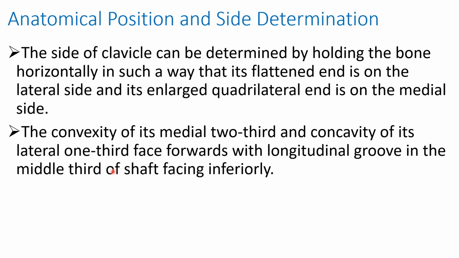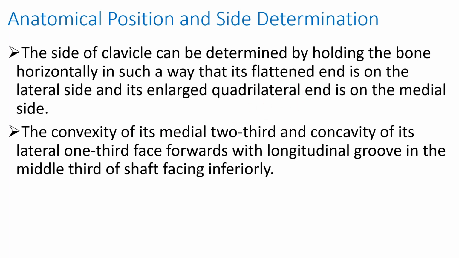So this basically is how you determine the anatomical position and the side of the clavicle. So we have talked of holding the bone horizontally. The flattened end should be on the lateral side, and then the enlarged quadrilateral end should be on the medial side.